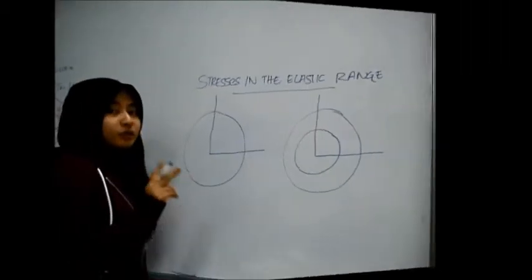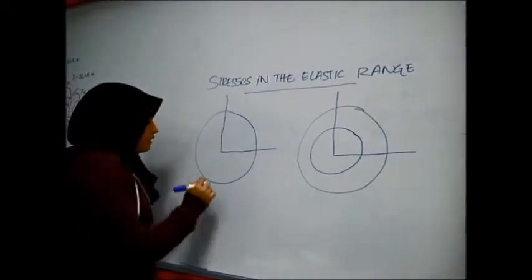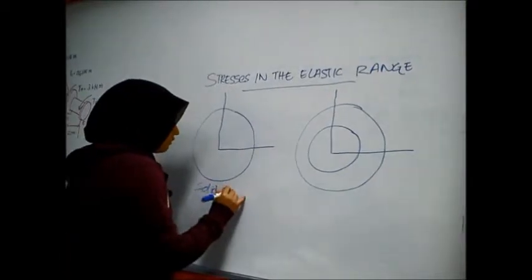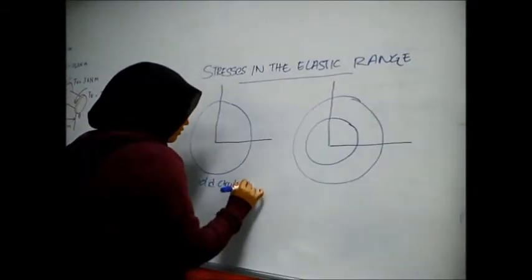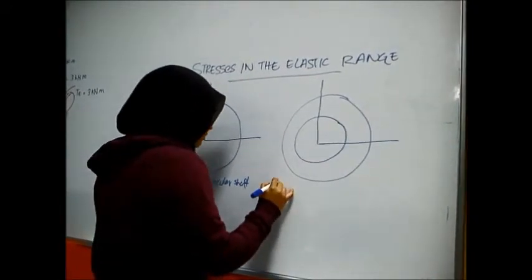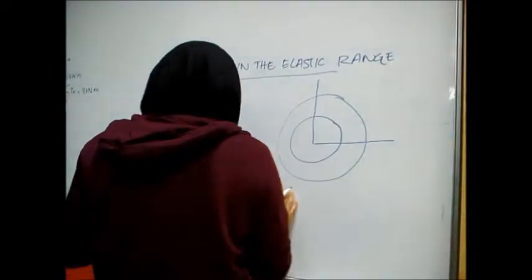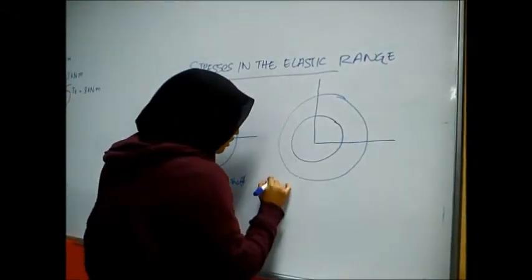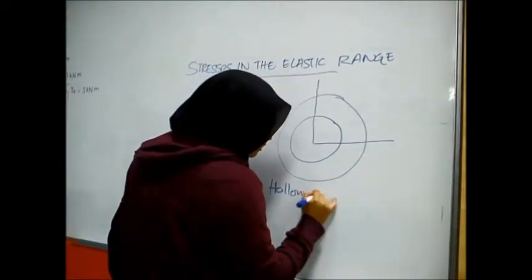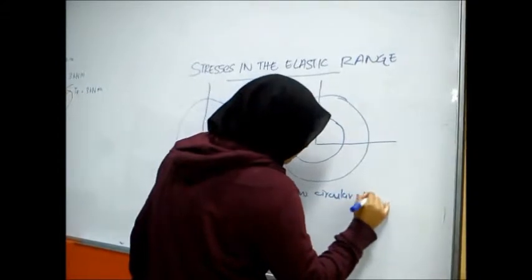There are two types of shaft: this one is a solid circular shaft, and this one is a hollow circular shaft.